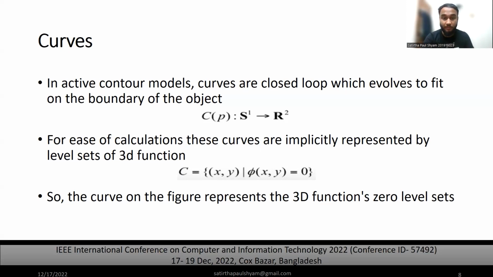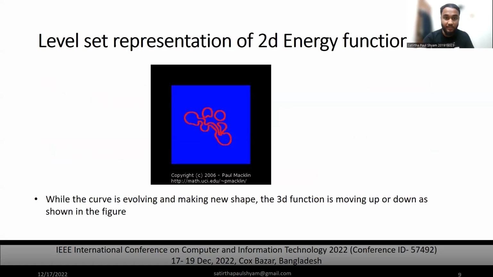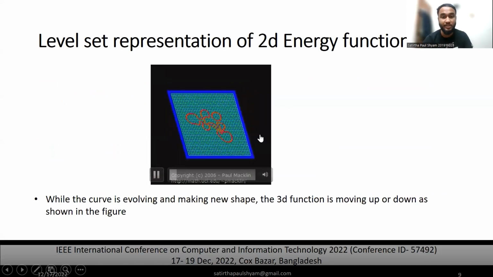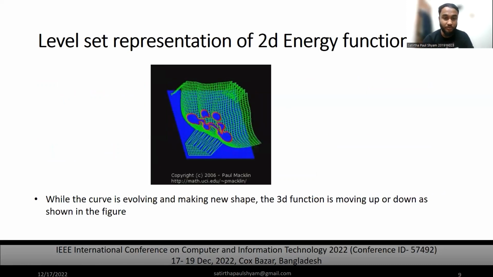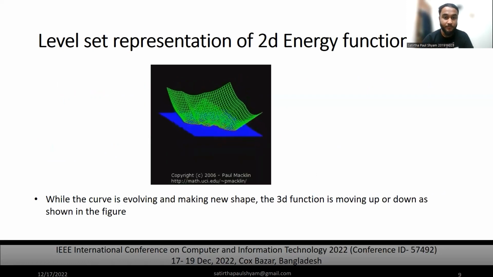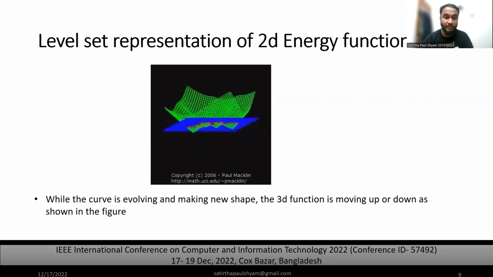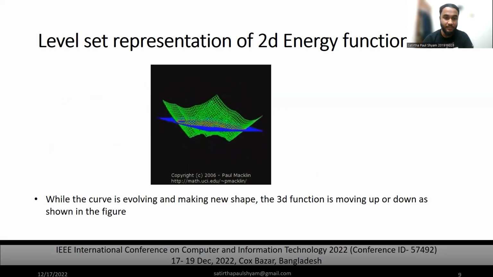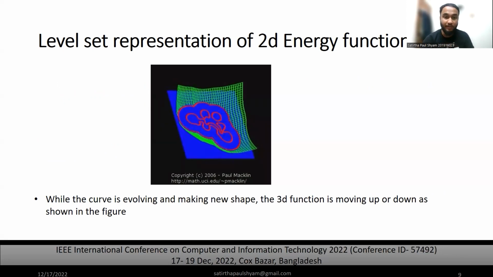So we implement the 2D function via the 3D function, and you can see in this video how a 3D function is representing those 2D functions, those curves. The 3D function is going up and down while the curve is evolving and making new shapes. We just cut through the 3D function at a specific surface, and we get those curve shapes.